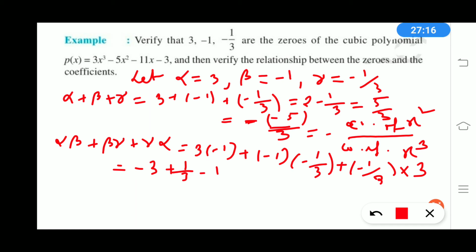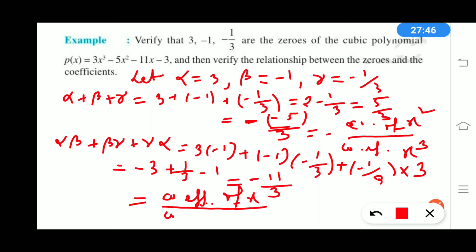After simplification, this equals minus 11 by 3. Here minus 11 is the coefficient of x, so this equals the coefficient of x divided by the coefficient of x cube. Clear?